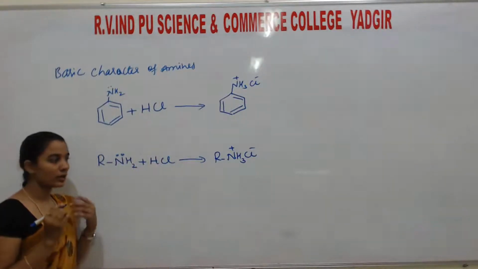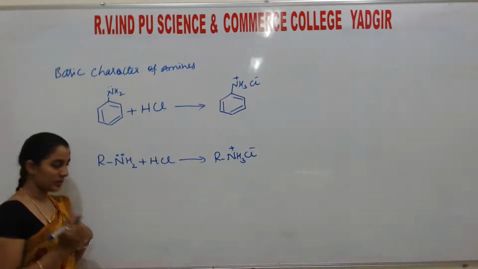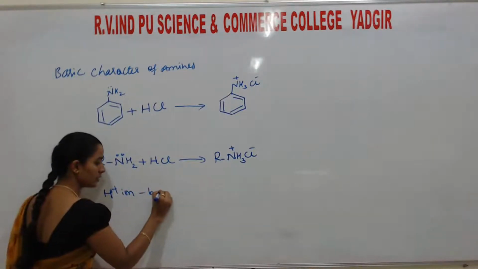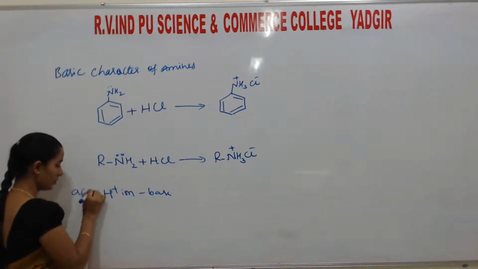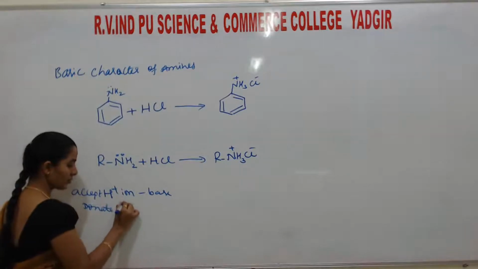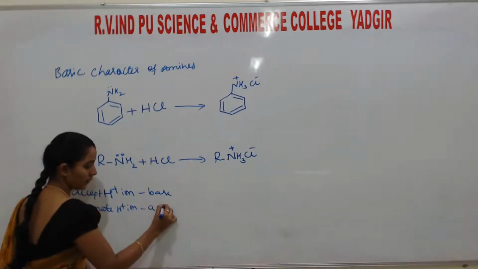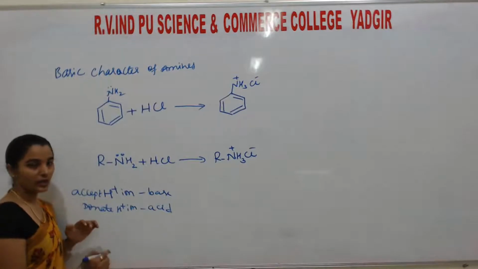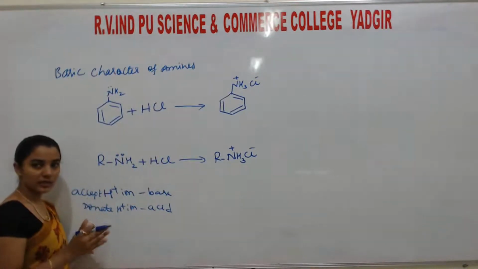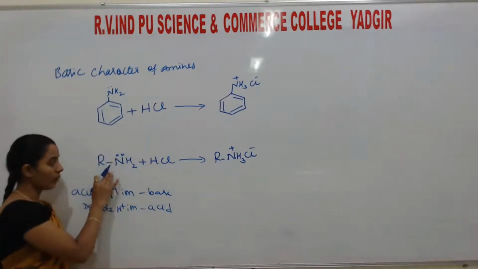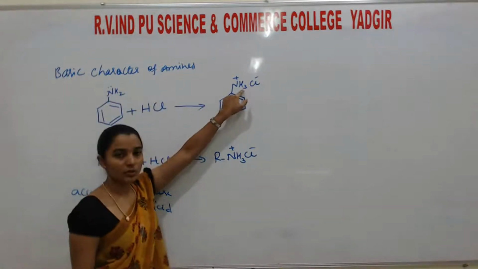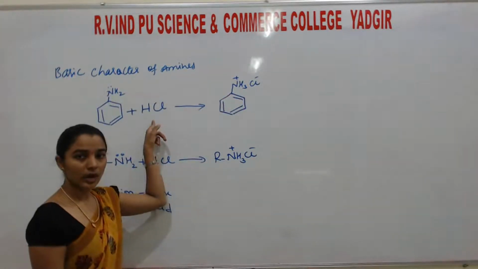So students, according to the Bronsted-Lowry concept, one which accepts H plus ion is a base, and one which donates H plus ion is an acid. Here HCl donates H plus ion, H plus and Cl minus, correct? So here the amine's NH2 accepts a hydrogen ion from this acid.